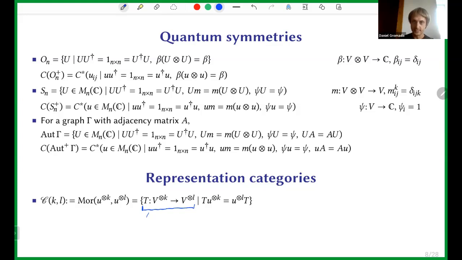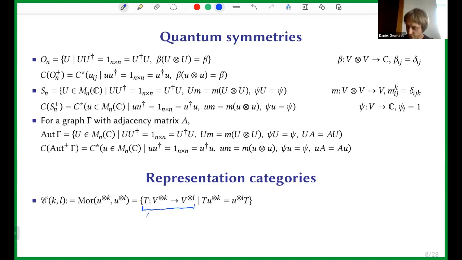Those are called intertwiners in representation theory, right? And the point is that this set forms a category. What I mean by that is that if you compose two intertwiners, that's again an intertwiner. If you take a tensor product of two intertwiners, it's again an intertwiner. If you compute a conjugate transpose of an intertwiner, it's again an intertwiner.